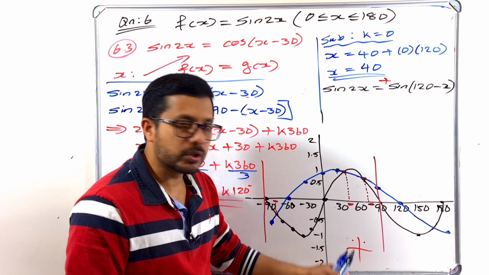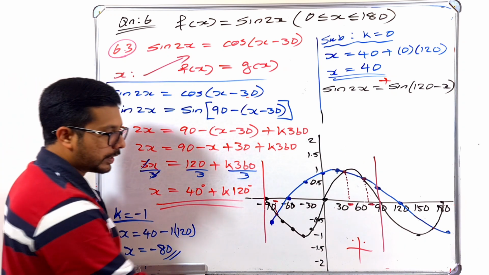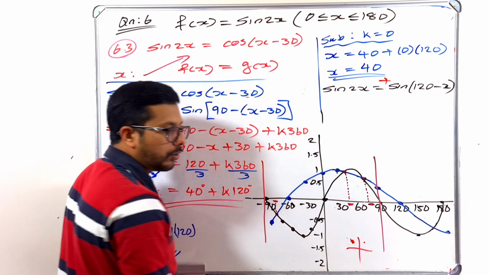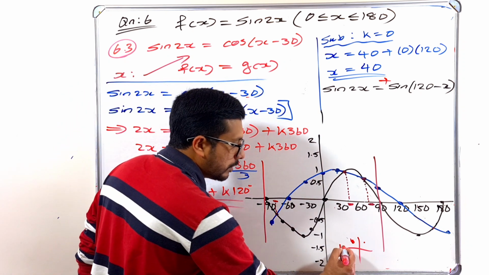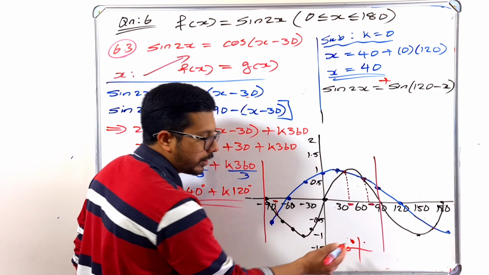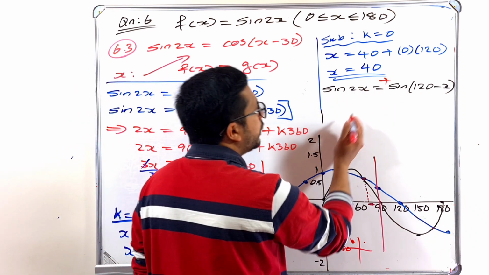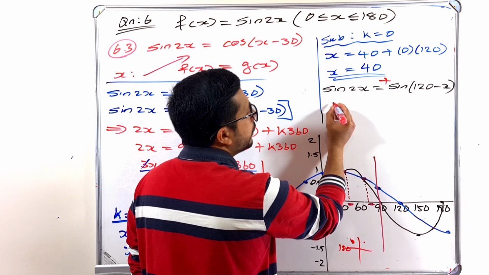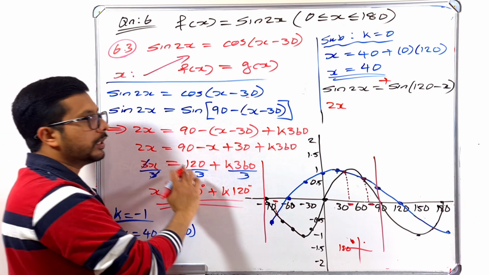Am I right? In the first quadrant we already got the answer, 40 plus. So what about the second quadrant? In the second quadrant we can write 180 minus theta. Am I right? So here we can write 2x just like this one, but there is a difference.